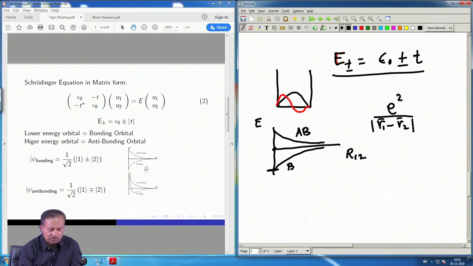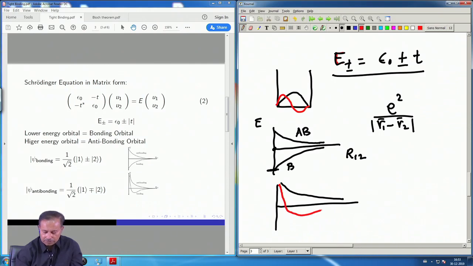The right answer is shown in the bottom picture. The picture is like this: this is the antibonding and this is the bonding. Okay. So, there is a finite distance somewhere where there is a minimum in the energy, and as R12 becomes closer, of course, the energy becomes very large.